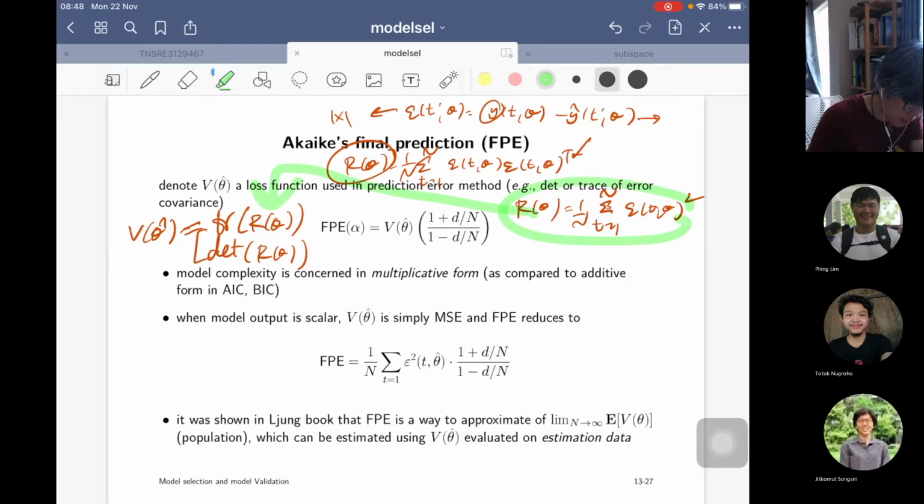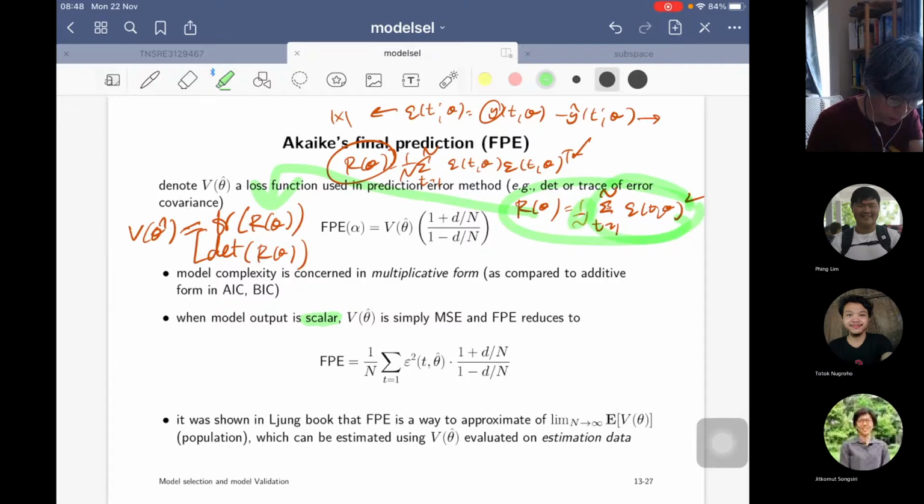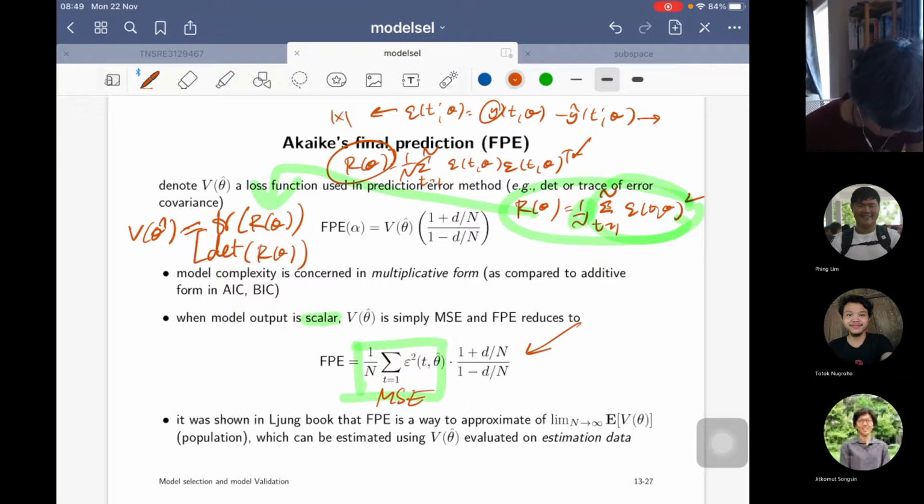If you plug it back into the loss function, what is the trace of R when R is a scalar? Just the original value, the error squared. Yes. So when the model output is scalar, everything is simplified. The meaning of this is basically the sum of squares divided by n, which is basically MSE. So the expression of FPE simplifies to this case when the model output is scalar.